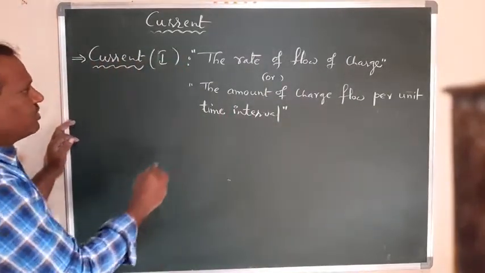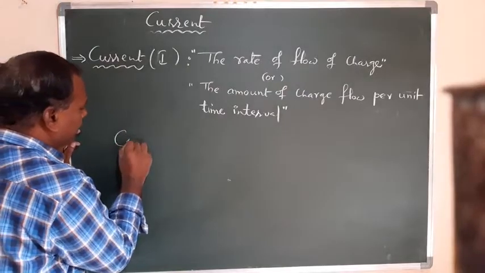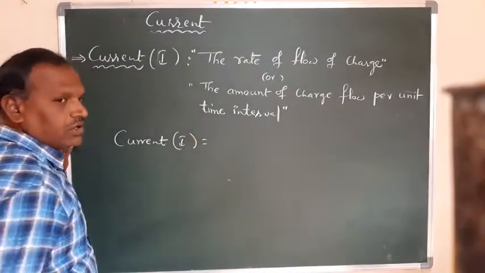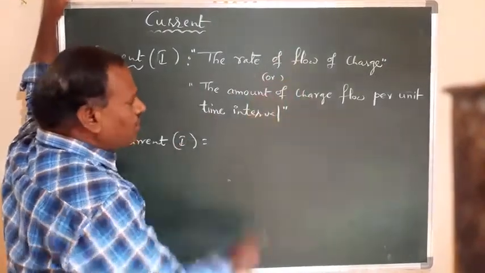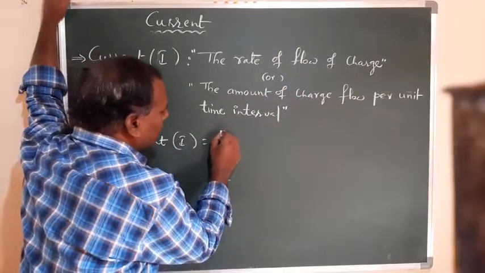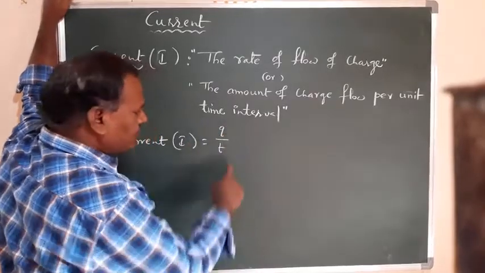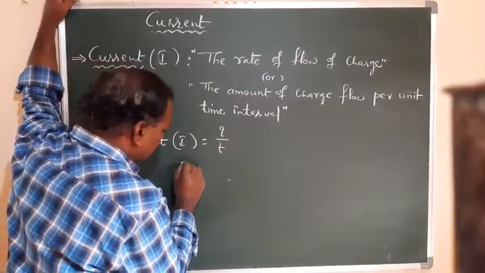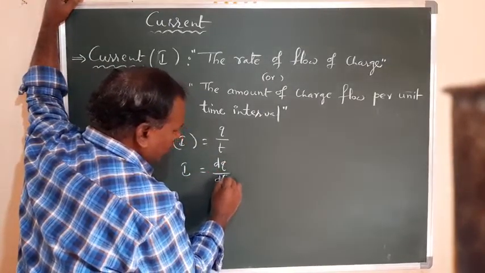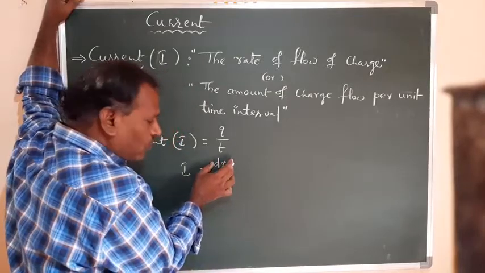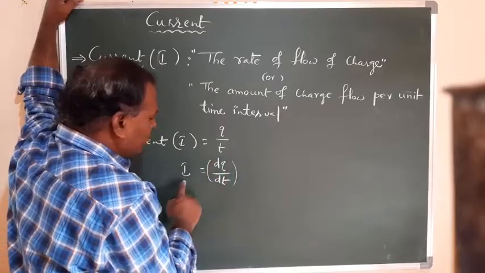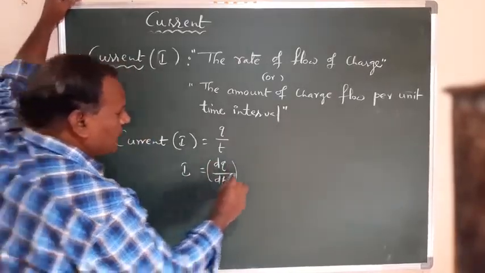According to this definition, I can write current, represented by I, equals the rate of flow of charge, or the amount of charge flowing per unit interval of time. So I equals Q by t, that is charge per unit time, or else we can also write I equals dQ by dt. That means how much charge flows, the change in charge per change in time interval. This is called instantaneous current.